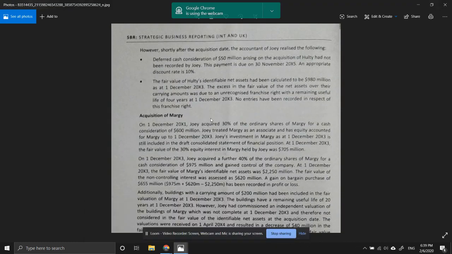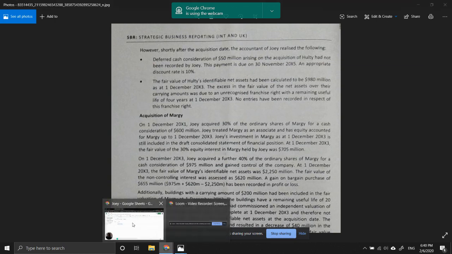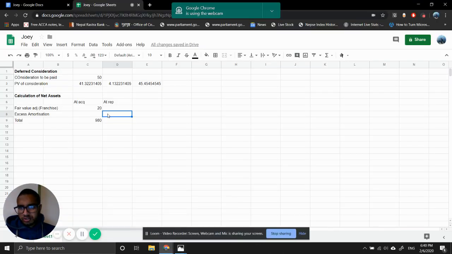So where does it say? The carrying amount was over the fair value and was due to unrecognized franchise with the remaining useful life of 4 years as at 30th December 20x3, right? So 1 year depreciation has gone by, okay? So we don't need to worry about that. Just put in this value, divide by 4 into 1, since only 1 year has gone by, right?